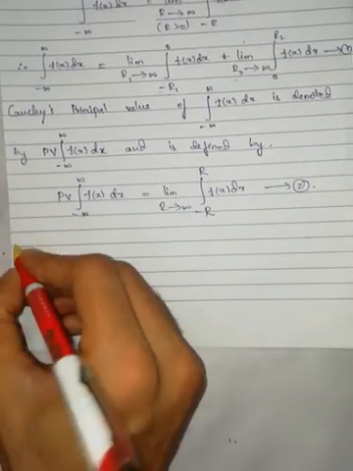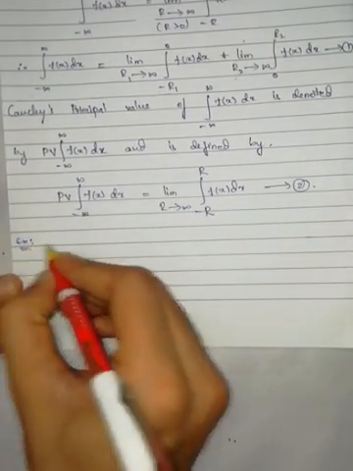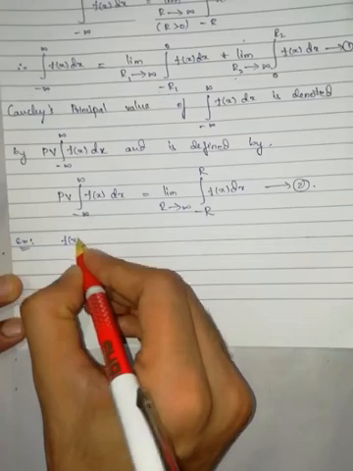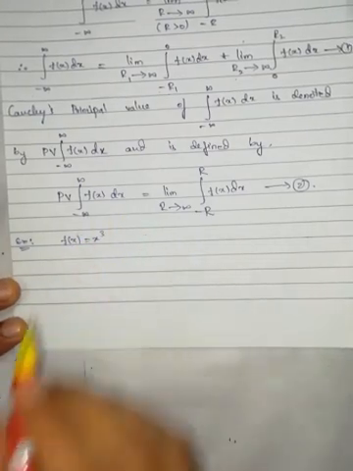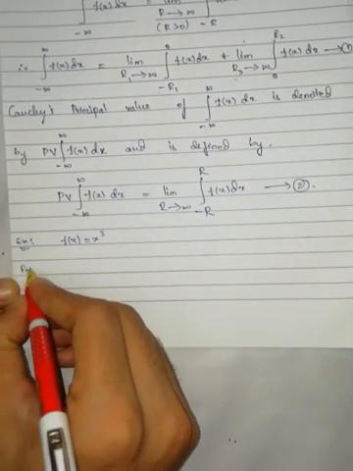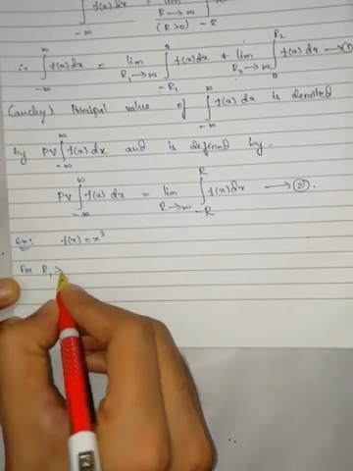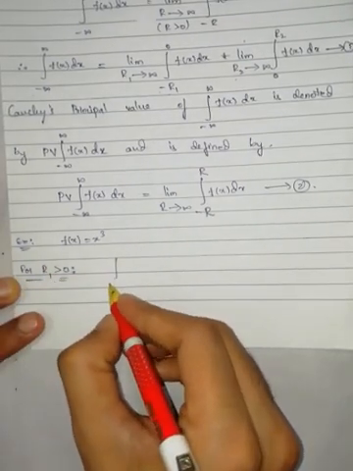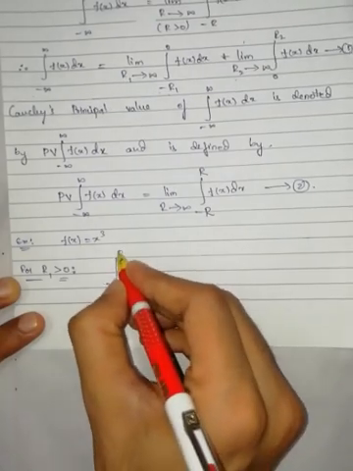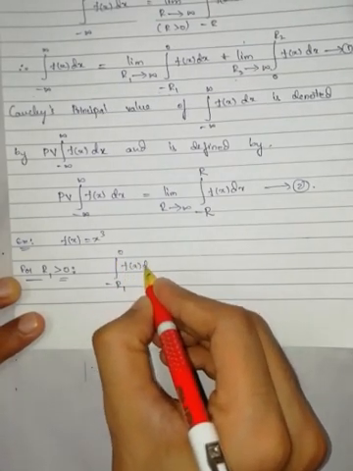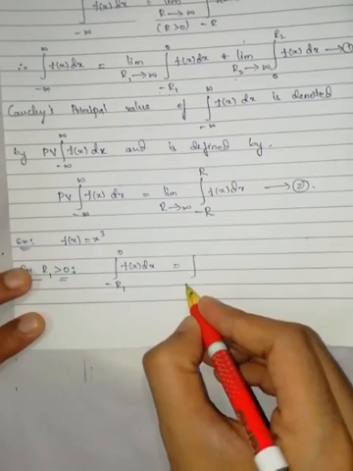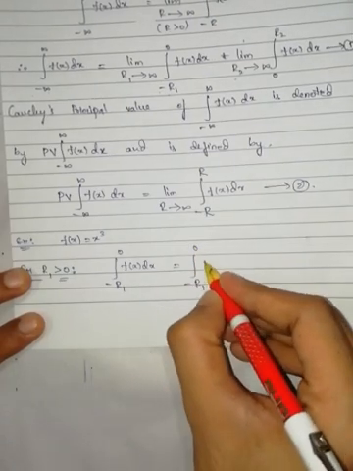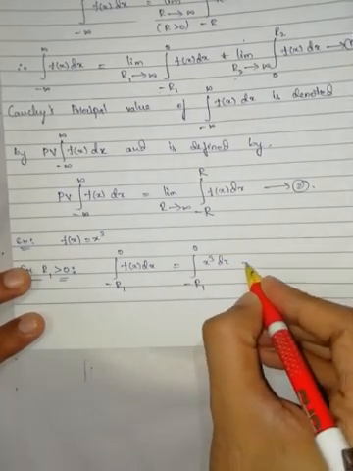Example, f of x is equal to x cube. For r1 greater than 0, integration minus r1 to 0 f of x dx is equal to integration minus r1 to 0 x cube dx.